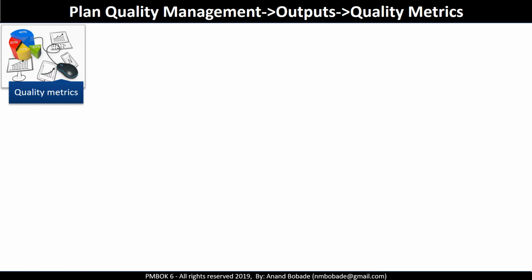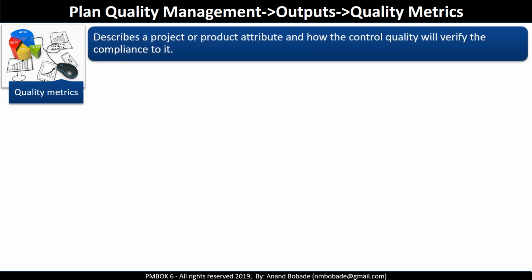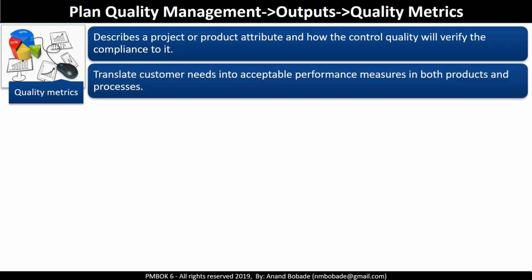Quality metrics. Quality metrics describe a project or product attributes and how control quality will verify the compliance to it. They are used to directly translate customer needs into acceptable performance measures in both products as well as in processes.